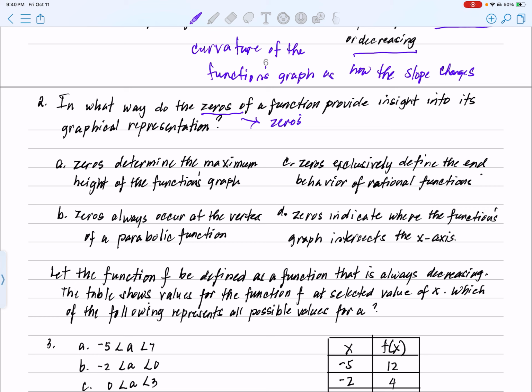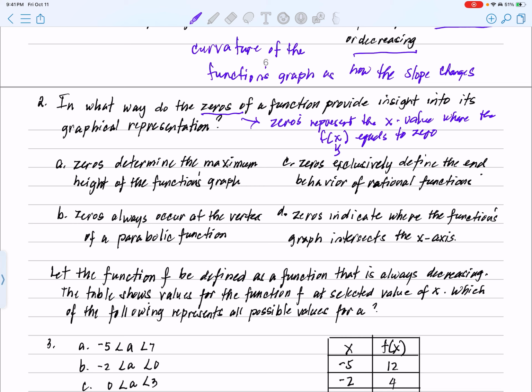Zeros represent the x value where the output, f of x, is equal to 0. Or when y is 0, you have the x value. And that is what we mean by the zero.